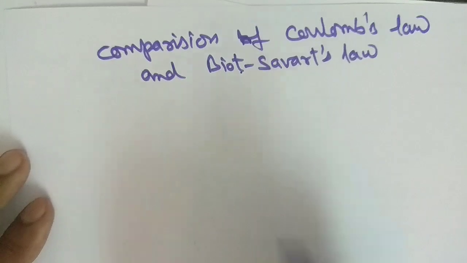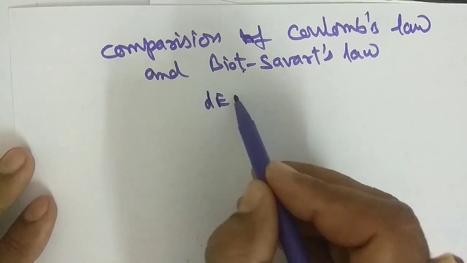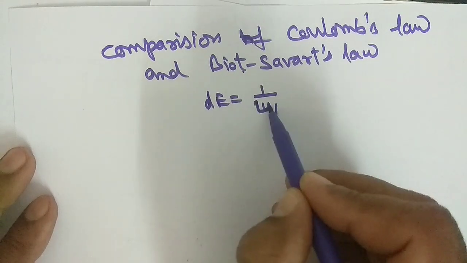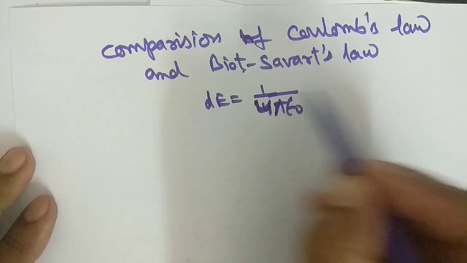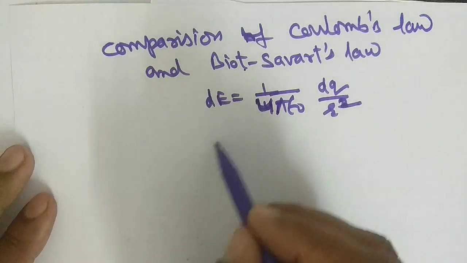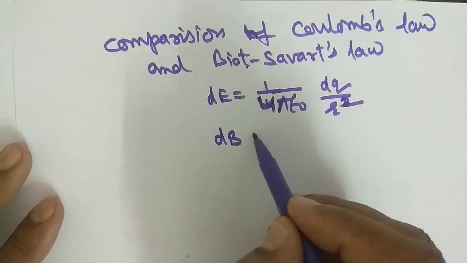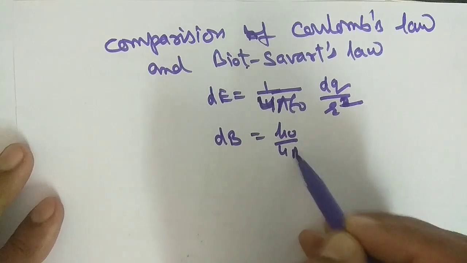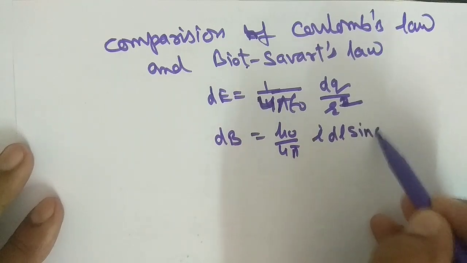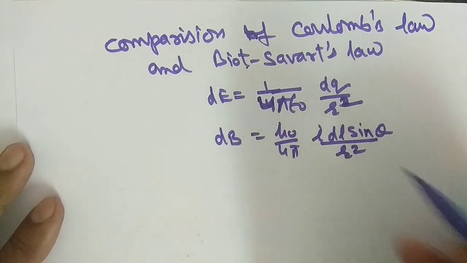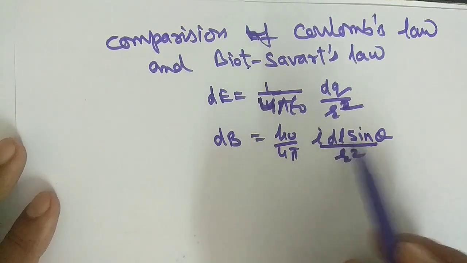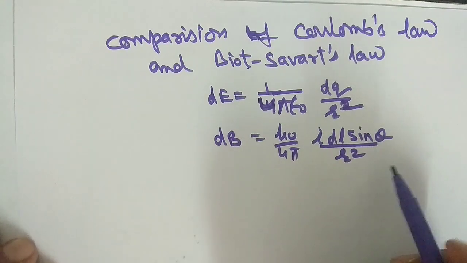Coulomb's law says a small electric field due to a small charge is given by 1 upon 4 pi epsilon naught dq upon r square, and the Biot-Savart law says dB is equal to mu naught upon 4 pi I dl sine theta upon r square, because it was a cross product, so you can write I dl sine theta upon r square.